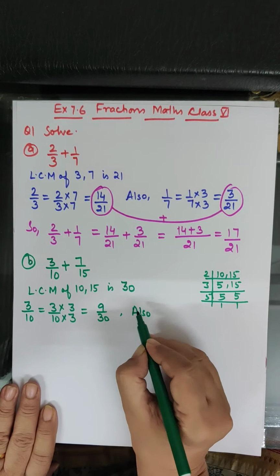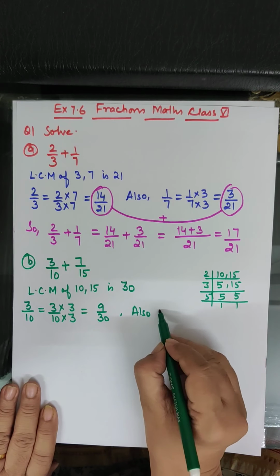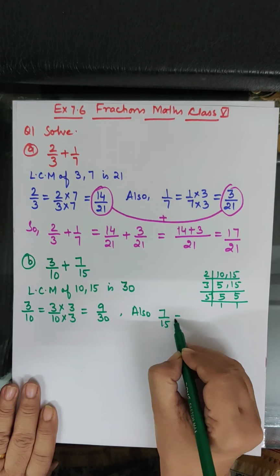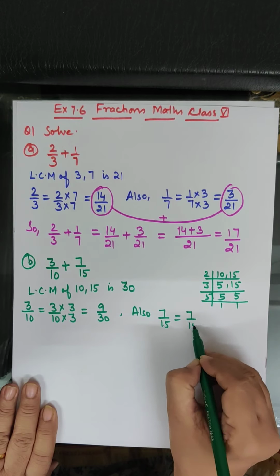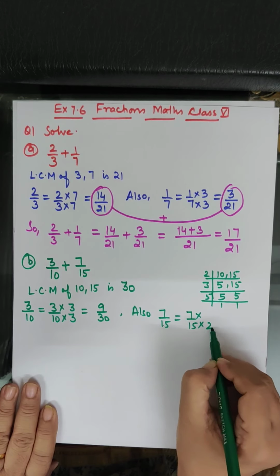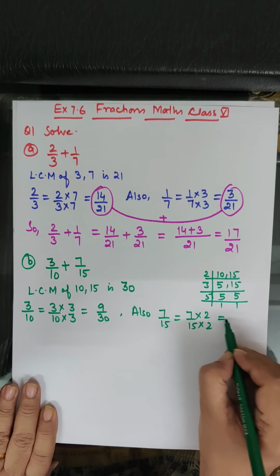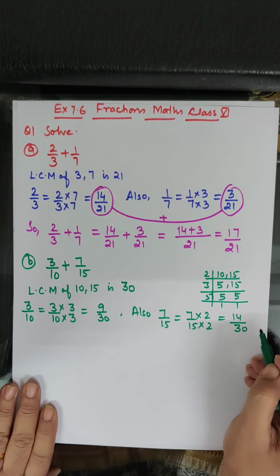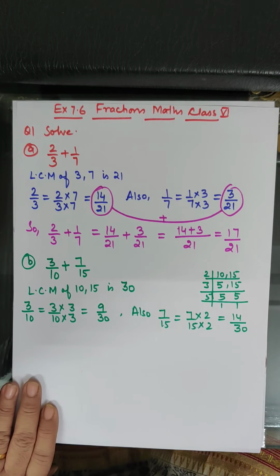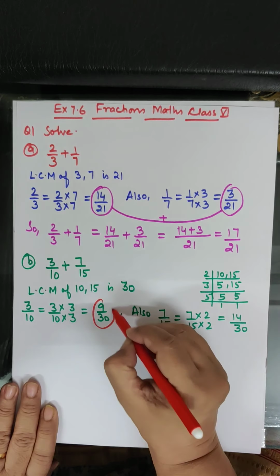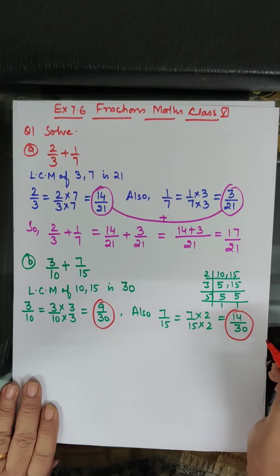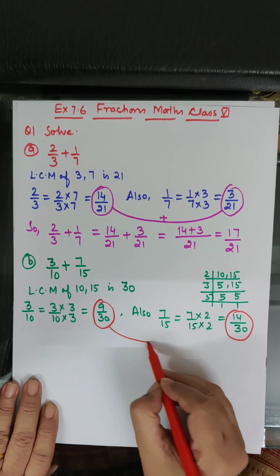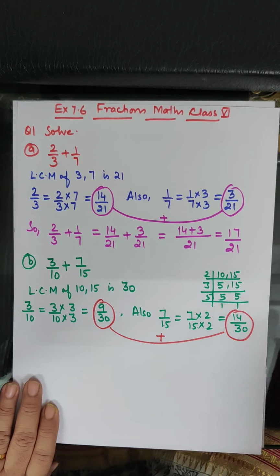Also 7 upon 15, this is equal to 7 upon 15 multiply numerator and denominator by 2. So this is 7 2s are 14, 14 and 15 2s are 30. Alright. So what do we have? We have now 9 upon 30 and 14 upon 30. Okay? So we will add these two.